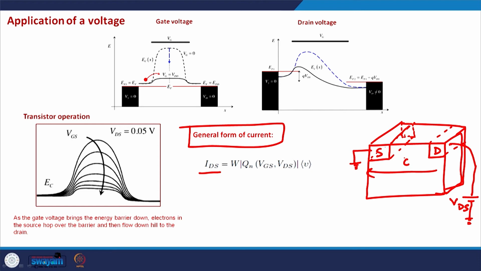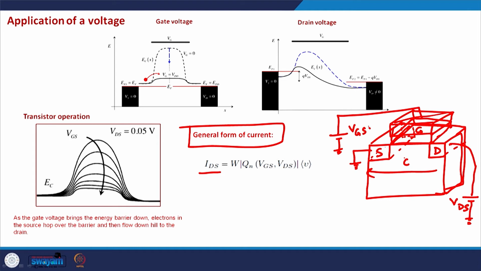Apart from this, we have a channel region, an oxide layer here, and on top of that we have the gate terminal. So the voltage applied on the gate terminal is known as the VGS voltage.